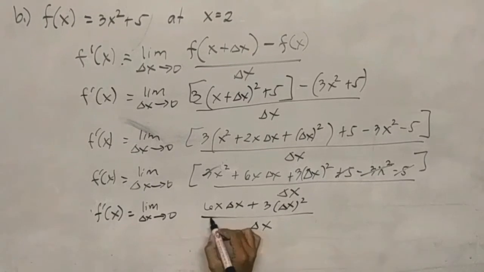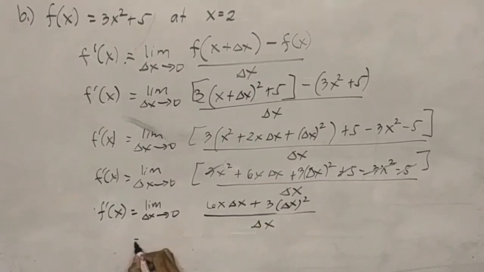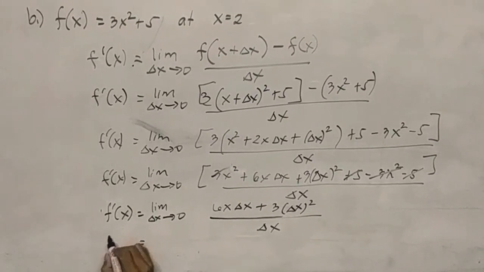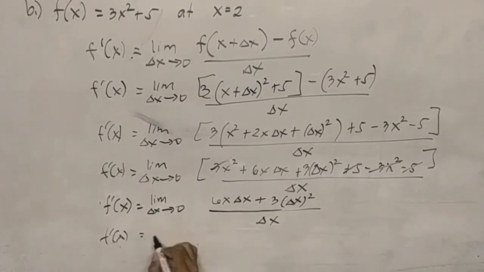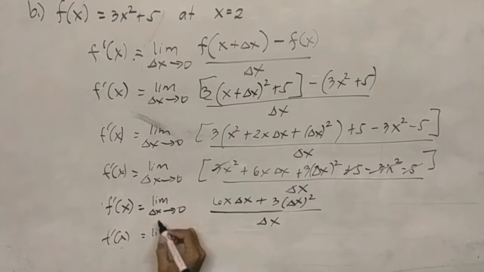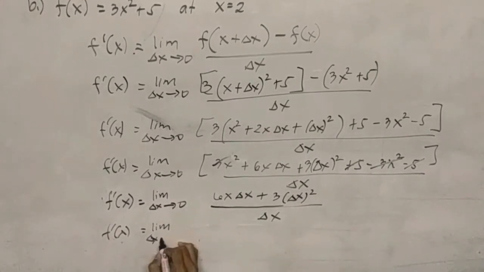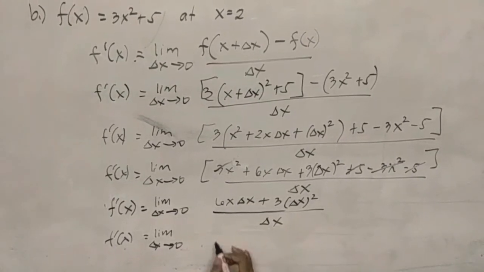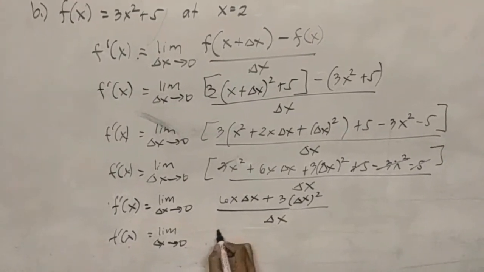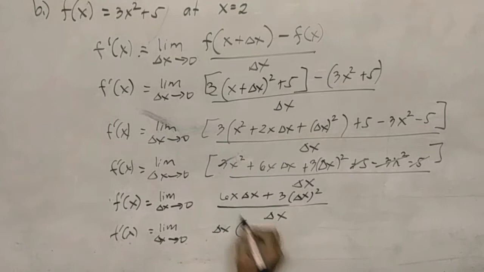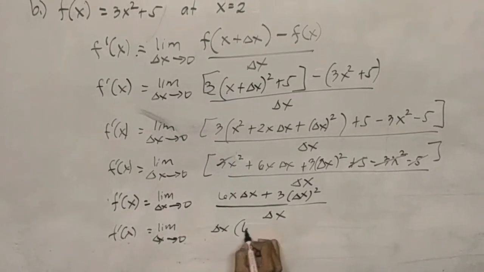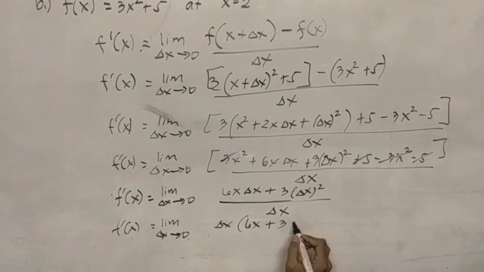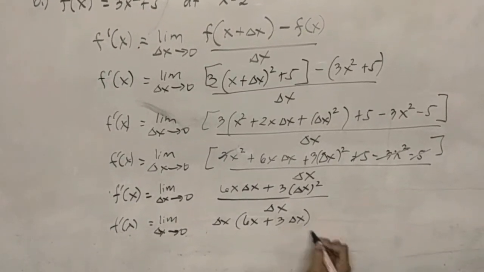So, gagawin natin ay ilabas natin ang delta x. So, f prime of x is equal to limit as delta x approaches to 0. Labas natin, we have delta x, then quantity, matira na lang 6x plus, okay, 3 delta x.